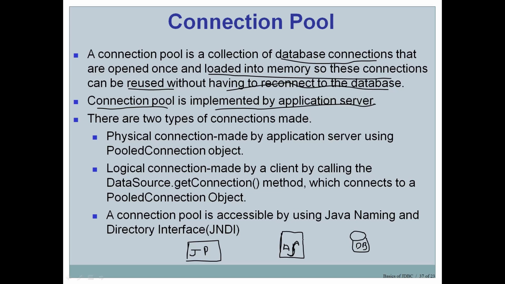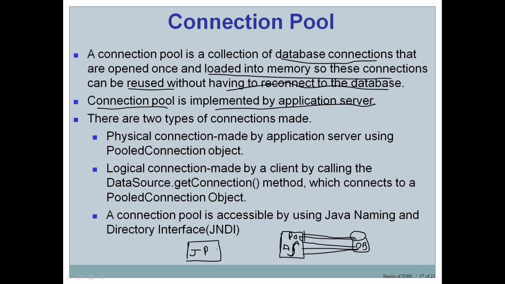Now what this application server does is simply maintain some connections with the backend database. If the database supports 5 connections, the application server will set up 5 connections with the backend database, and this is called a pool. These connections are always kept open with the application server.